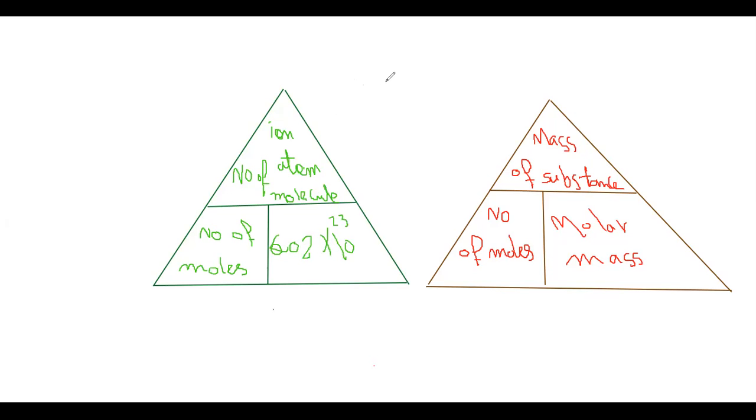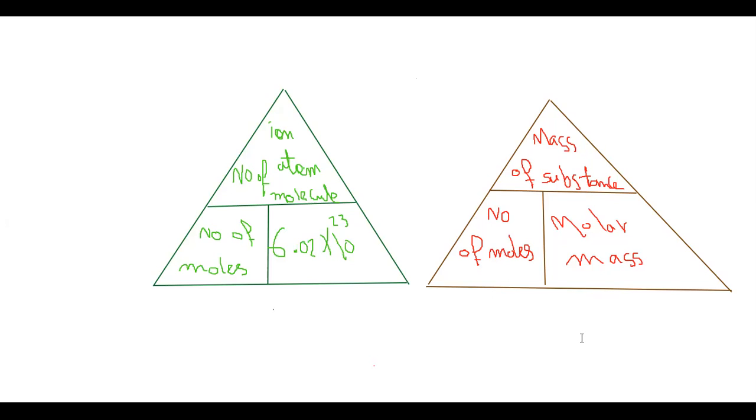This is a new rule. So we have two rules of number of moles according to the reactant. The first rule is number of moles equals mass of substance divided by molar mass.